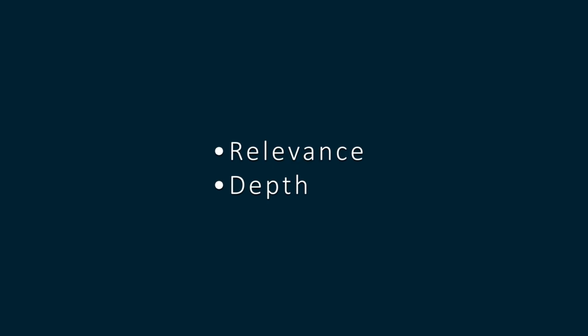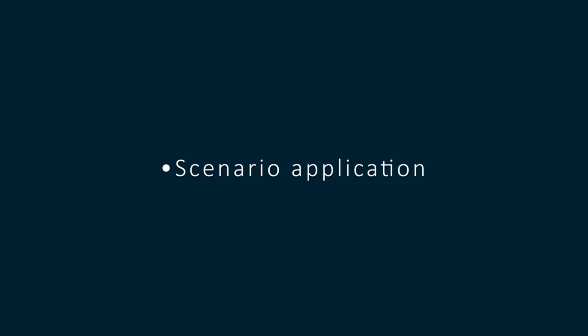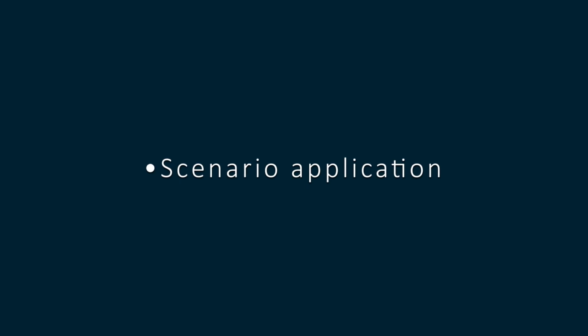Depth, okay? You must move beyond generic statements, okay? Things like, yeah, because the procurement did their job well. What does that mean, right? Avoid those generic sentences. Number 3, scenario application. So you can apply concepts to this organization, not just to any organization.